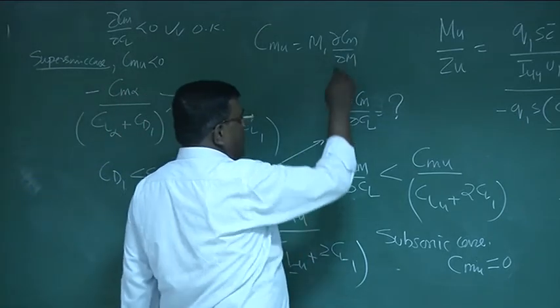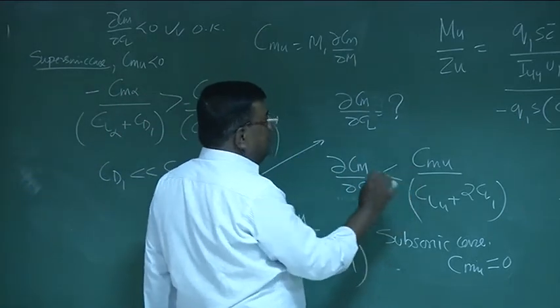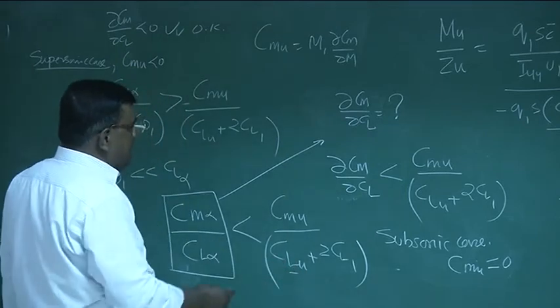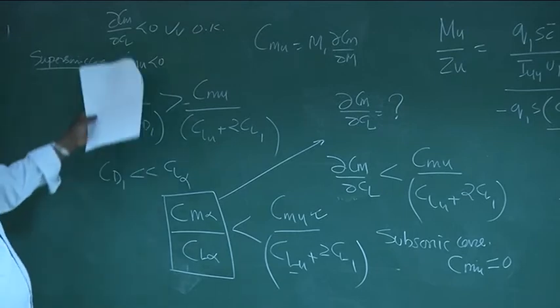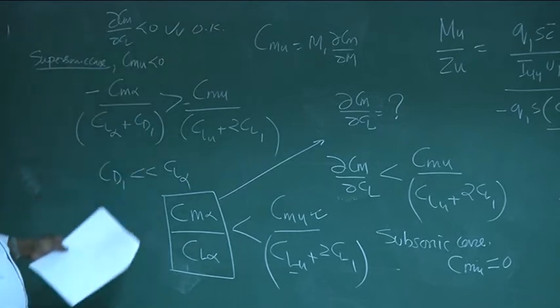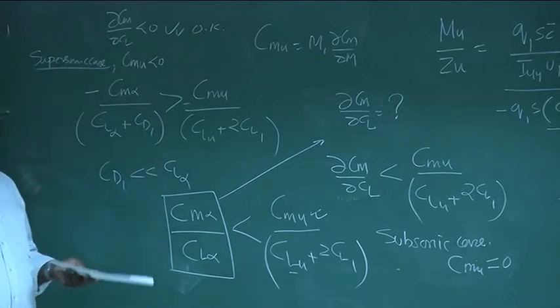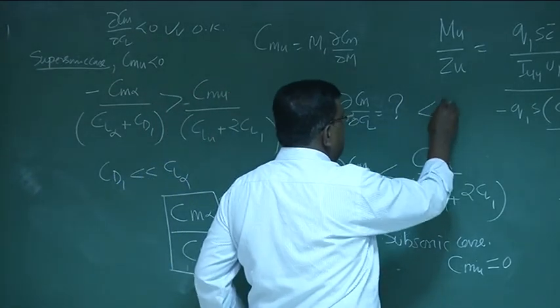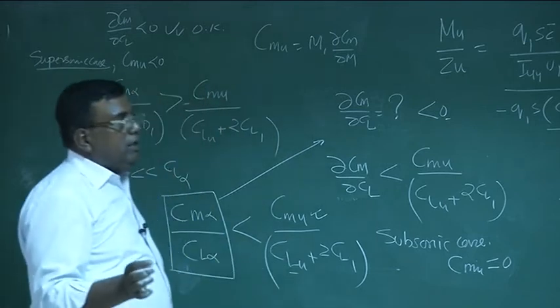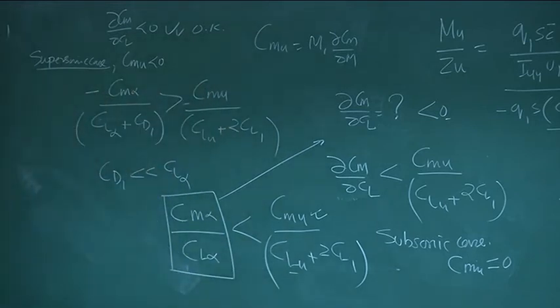So this is negative. So dCM by dCL is again negative. What is the difference? In the first case, when CMU was 0, dCM by dCL should be negative, and it is okay, statically stable. In the second case, also dCM by dCL should be less than 0 because this is negative. So again dCM by dCL should be less than 0. So there is no violation of the static stability. However, what is the difference?